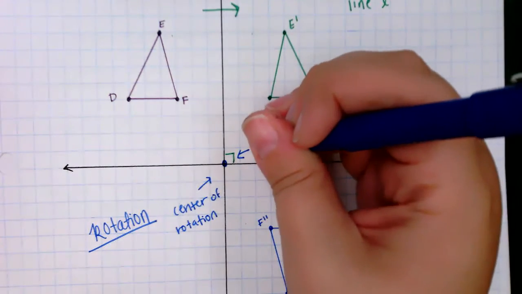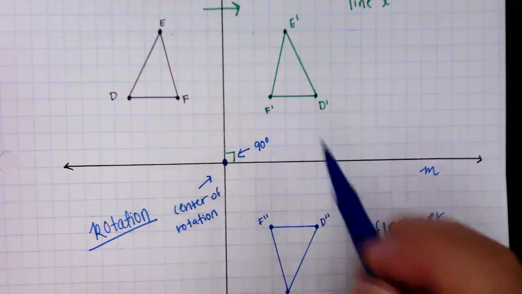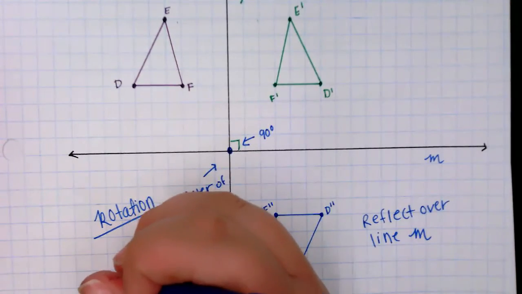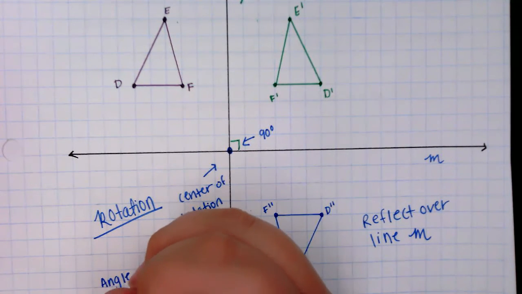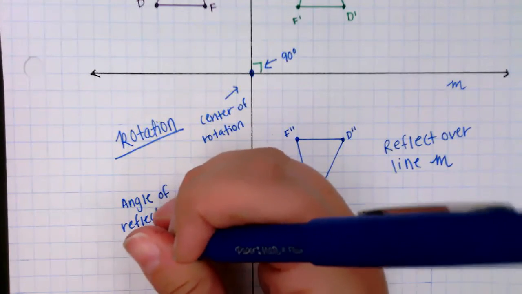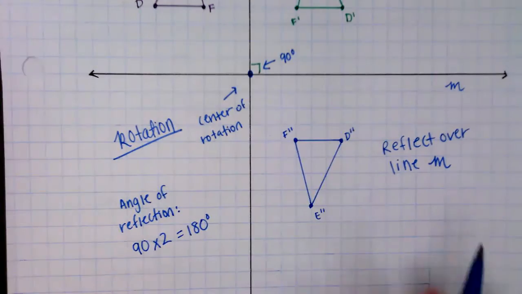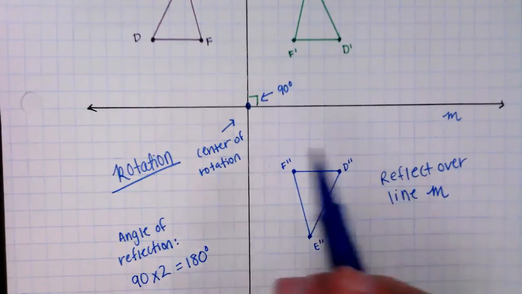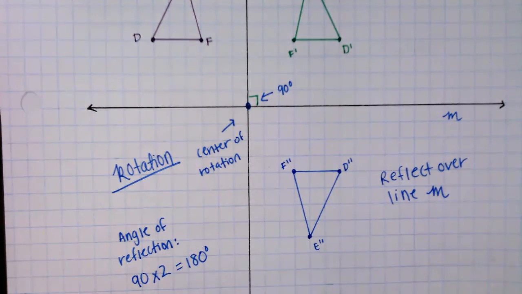These lines meet at a 90-degree angle. So to find the total angle of rotation, we take the angle they meet at and we double it. And that tells me that this is the same as doing one rotation around this point 180 degrees.